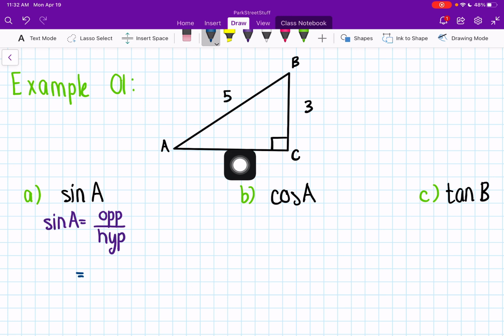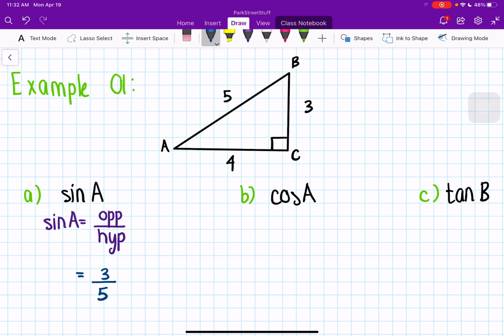So if you look at where angle A is and you go across, opposite is 3. And my hypotenuse is always across from your 90-degree angle. So my hypotenuse is 5. And with trig, we always just leave our ratios as fractions unless the question tells us to round to a decimal value. So you would leave this as such.